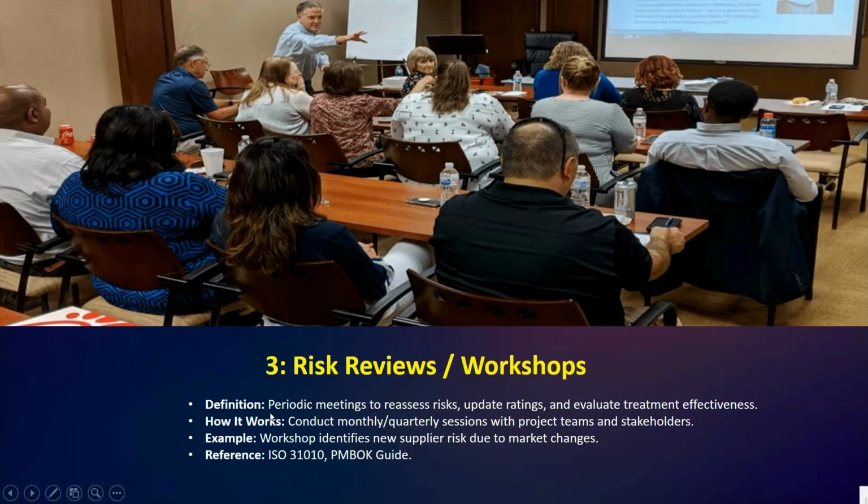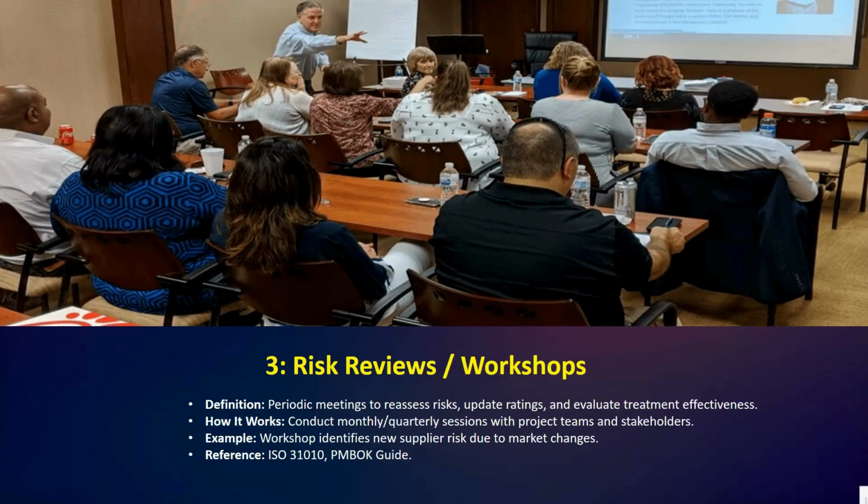Under definition, we have: periodic meetings to reassess risk, update ratings, and evaluate treatment effectiveness. How it works: conduct monthly or quarterly sessions with the project team and stakeholders. Reviews and workshops are usually conducted on a monthly, quarterly, or milestone basis.